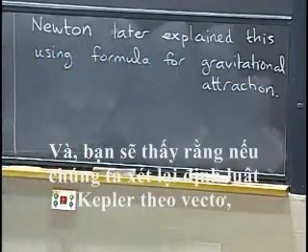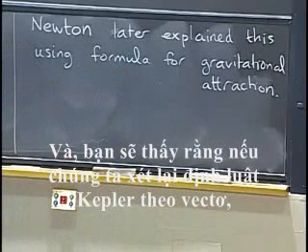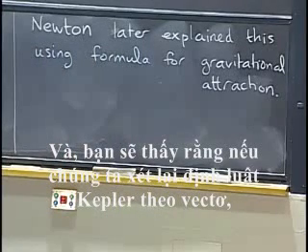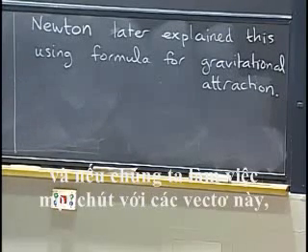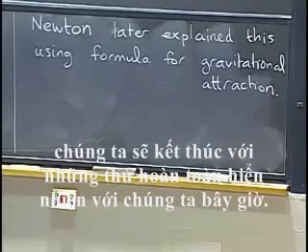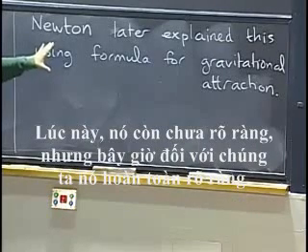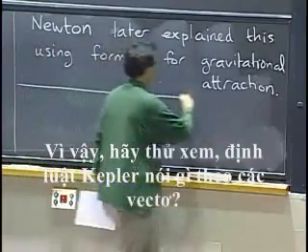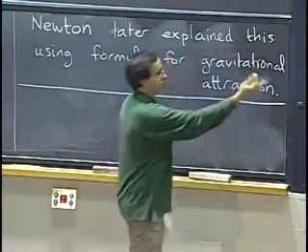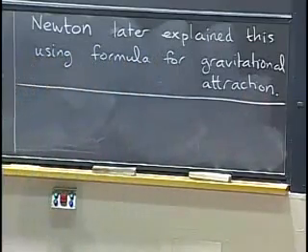And you'll see that if we reformulate Kepler's law in terms of vectors, and if we work a bit with these vectors, we're going to end up with something that's actually completely obvious to us now. At the time, it was very far from obvious, but to us now, it's completely obvious. So let's try to see what does Kepler's law say in terms of vectors.